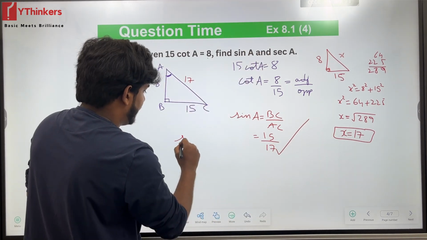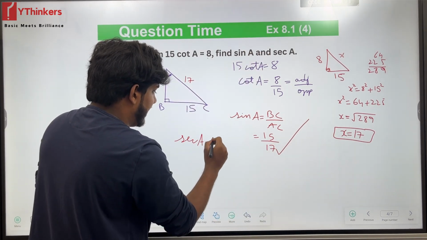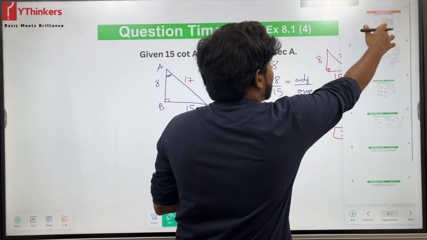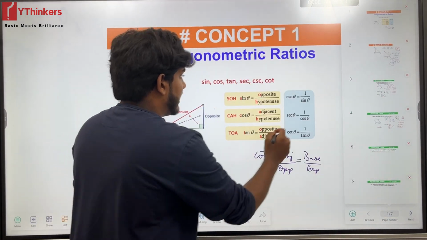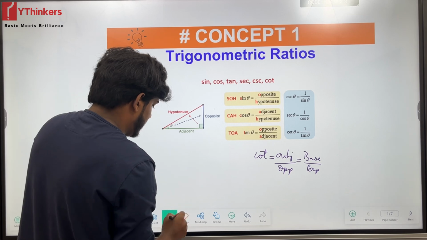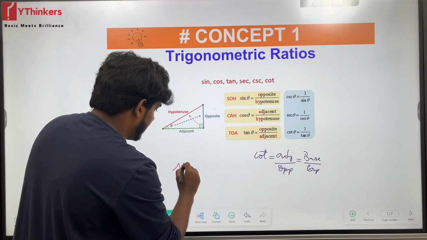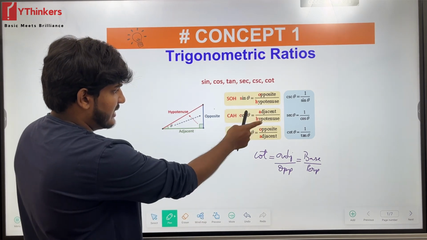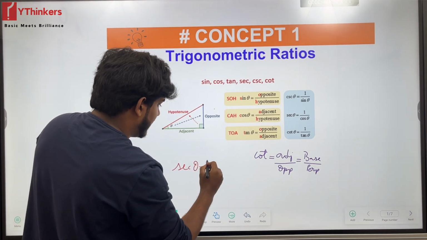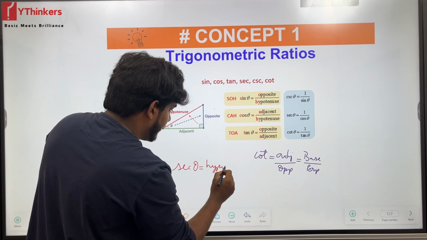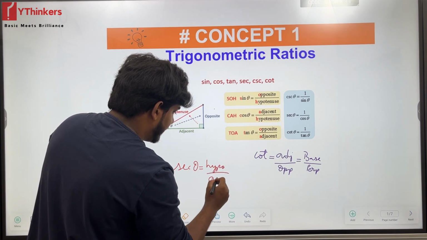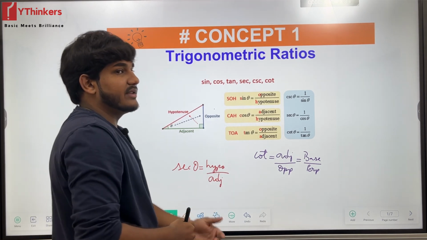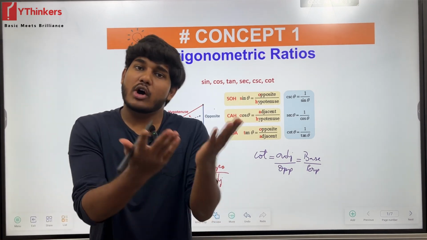Now sec A. Sec A is nothing but, if you go back to the ratios example, sec theta is nothing but the opposite, it should be the inverse of cos theta, which is nothing but hypotenuse by adjacent. I'm again telling you, adjacent is nothing but base. Many people call it base or adjacent.